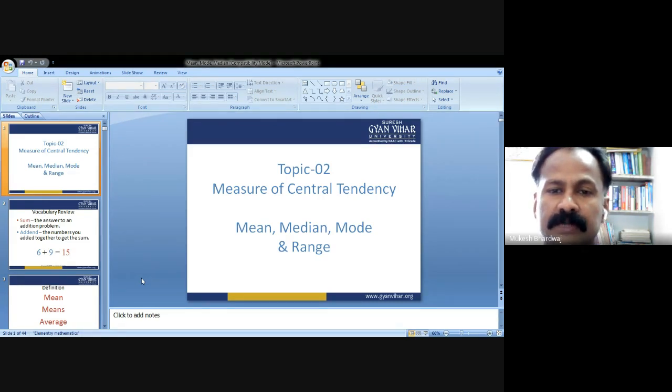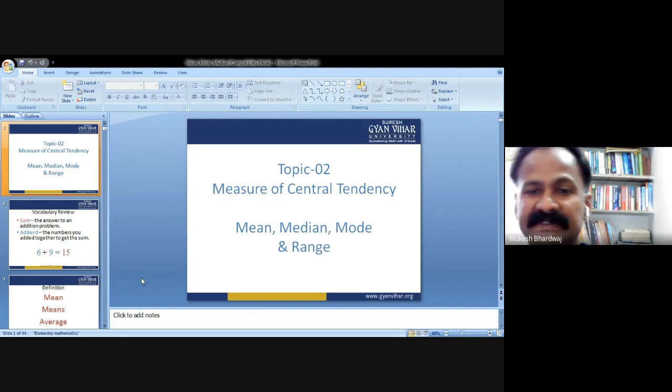Today we are going to start with the new topic, that is measure of central tendency, that is mean, median, and mode and range in statistical methods. This is the second topic. We had completed the introduction of statistical methods, limitations, advantages, disadvantages, merits, demerits, and applications of stats and the basics of data, the use of data, and how to present the data.